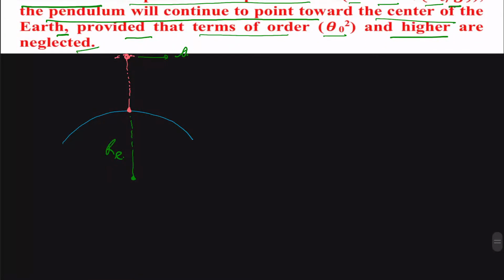So once again, this will be our Re, and the new position of the bob will be somewhere here, and it will try to move in a circular path like this. So this is our acceleration A which is being provided, and with the help of this vertical it is going to have some angle.